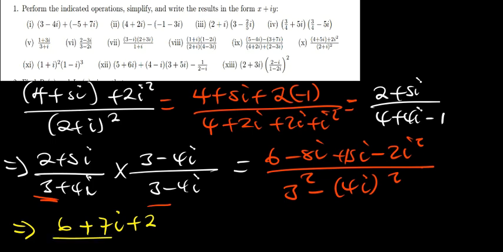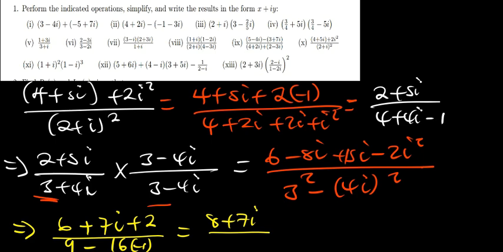Now I divide this by 3 squared, which is 9. Okay, then minus, I'll have negative 4 squared, which is 16. Let's not forget that one. So it will be 16 i squared. i squared is negative 1, like that. So we'll have 6, this is going to give us 26 plus 7i. We divide this by what?